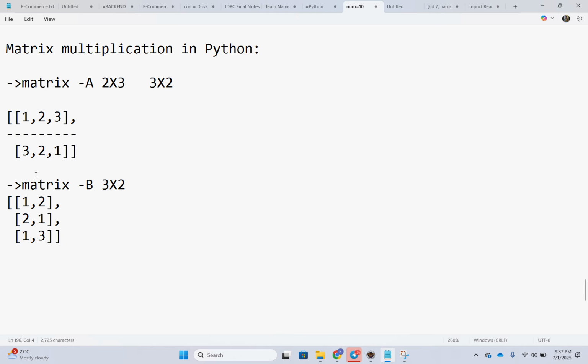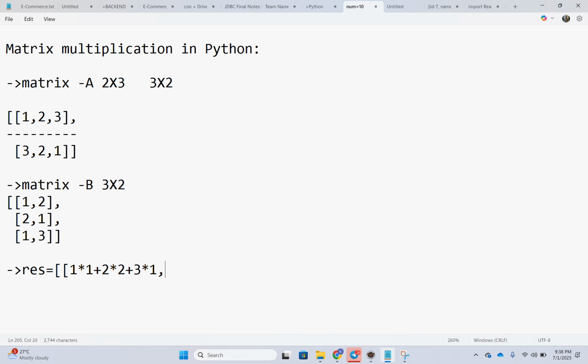So this 1 will be multiplied to this 1, this 2 will be multiplied to this 2, and this 3 will be multiplied to this 1. So the resultant matrix will be like this. I'm just writing it the normal way: 1 into 1 plus 2 into 2 plus 3 into 1.